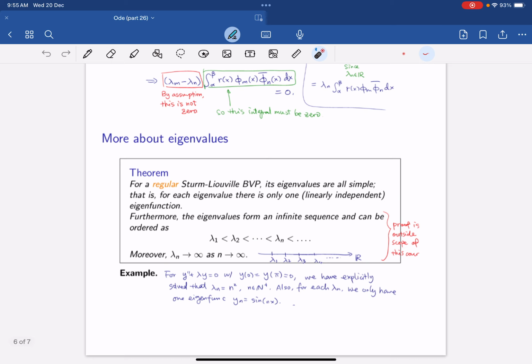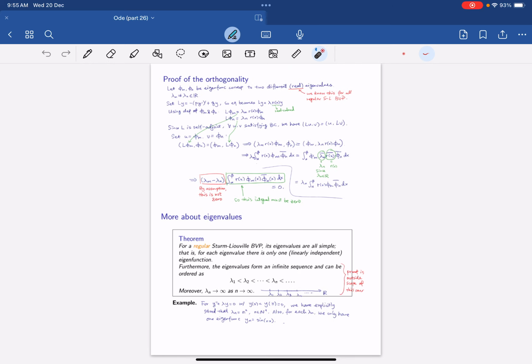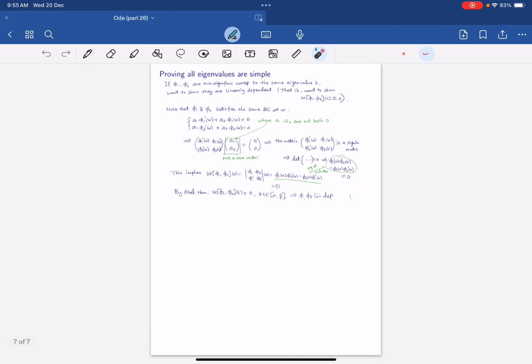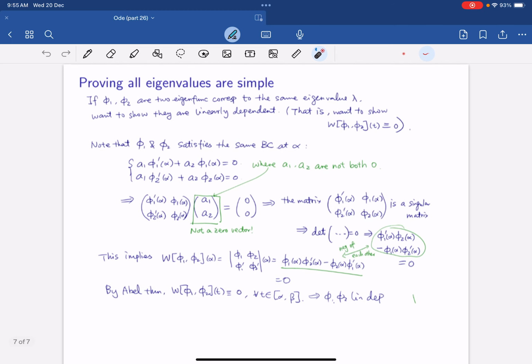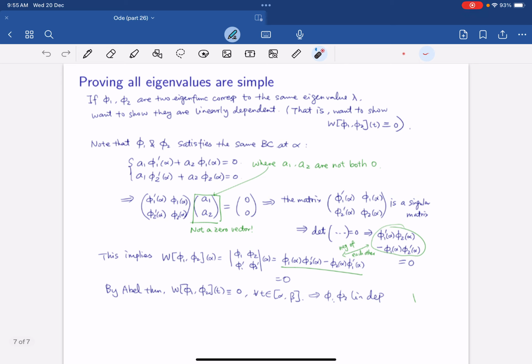And the last property we have is that for every eigenvalue there is only one eigenfunction, and you can arrange them in order of strictly increasing eigenvalues. But this is a bit out of scope for this video because it's longer and more tedious. So just to prove that they are simple, we show how we use the standard technique.